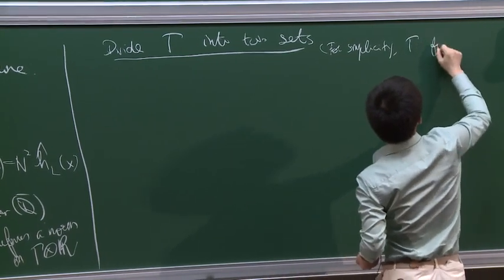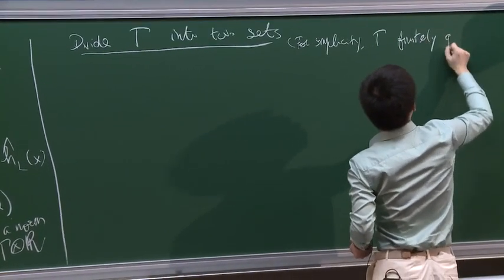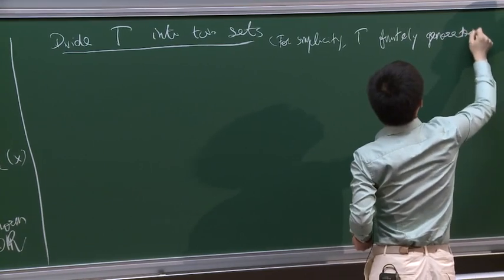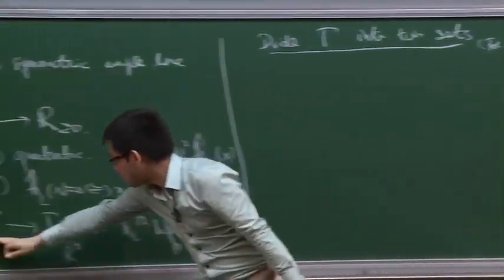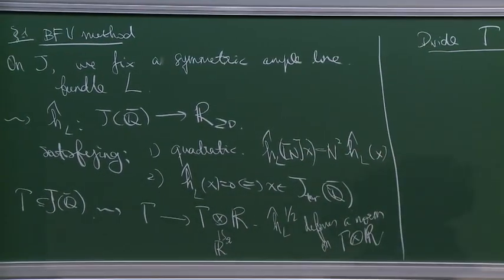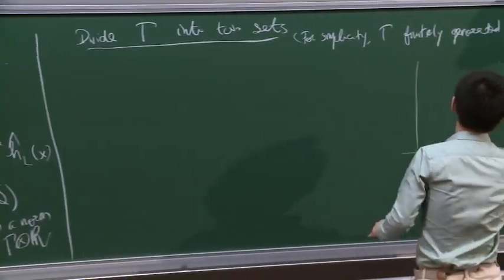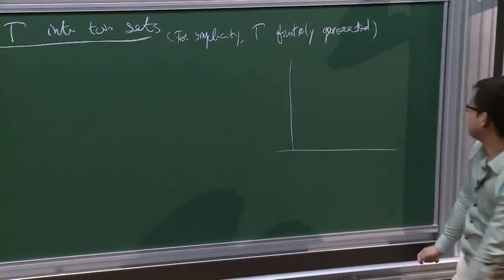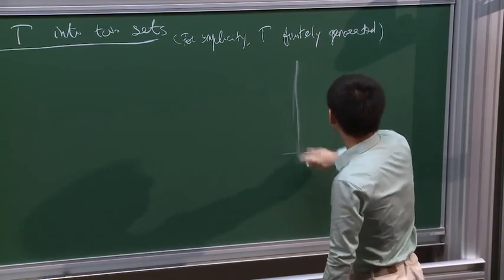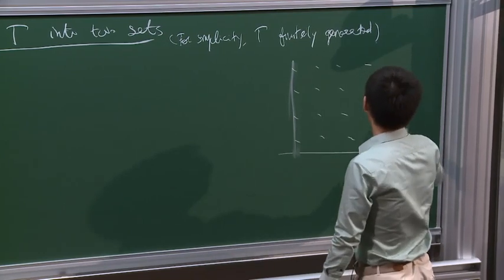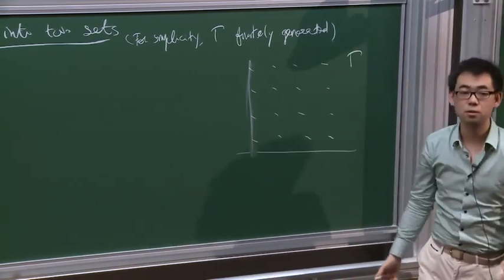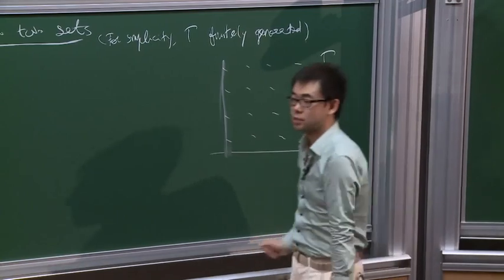Then, in this case, when we embed gamma into gamma tensor R, we obtain a Euclidean space here. And gamma will become a lattice in this normed Euclidean space.